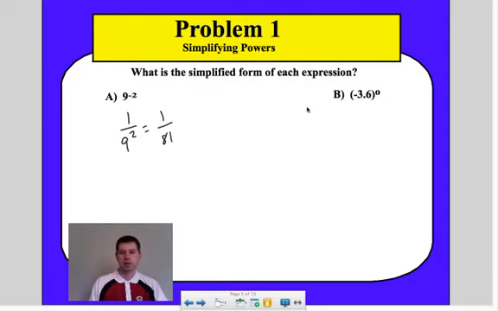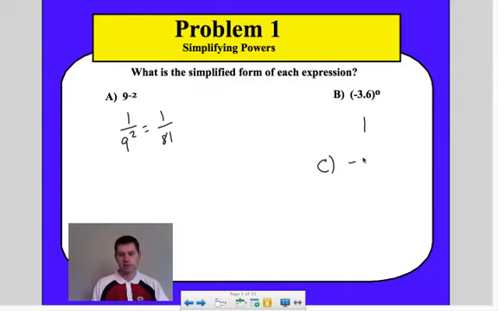Okay. And part B, I have negative 3.6 to the 0th power. So now that I see that it has a 0, I know automatically this answer is going to be 1. Now the negative is included inside parentheses, so it's a positive 1. Okay, now to give you another example here, you can write this down.